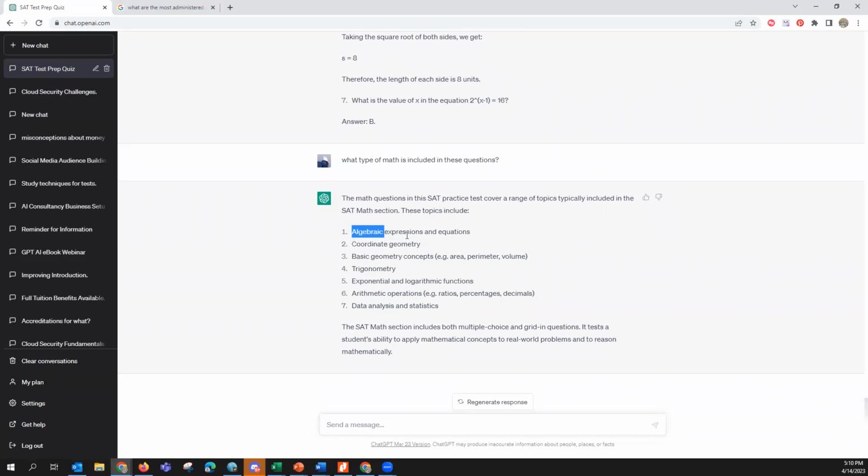I know for a fact that I need to study algebra or trig. So I'm gonna create just a practice exam for, let's just say algebra, right? Let's create a study guide for algebra or SAT level algebra.